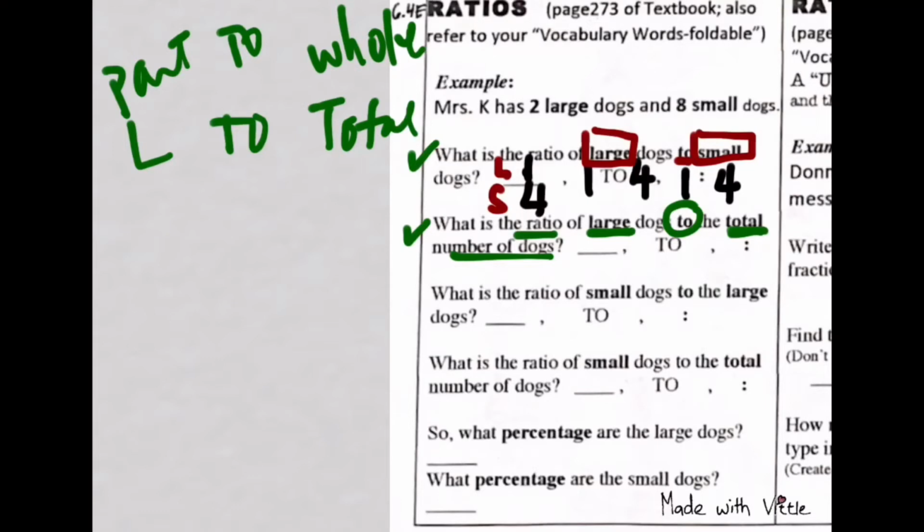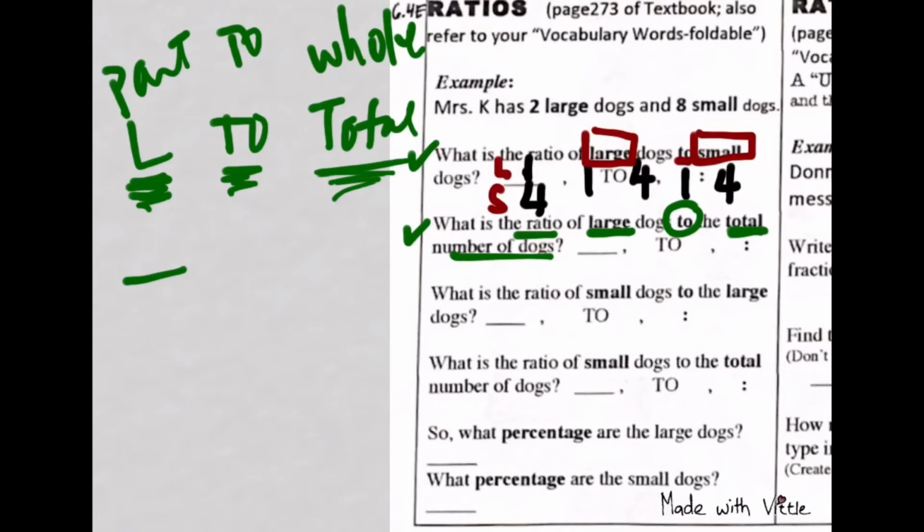Earlier, we were comparing part to part because we were comparing the large dogs to the small dogs. Now, we're comparing part of the dogs, the number of large dogs, compared with the whole or the total number of dogs that we have.